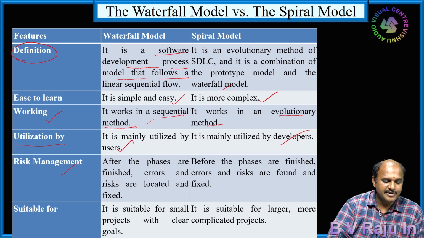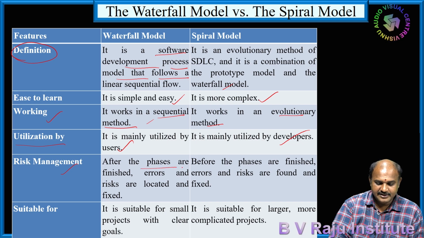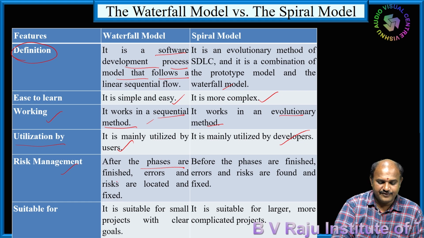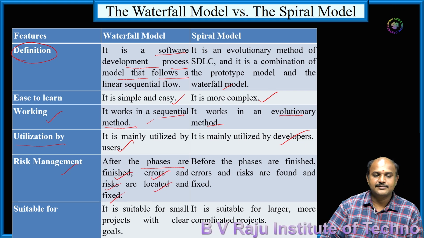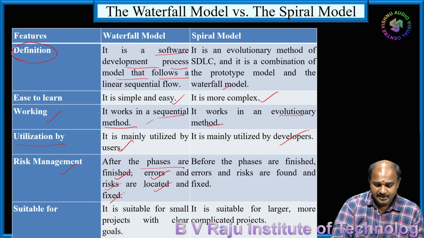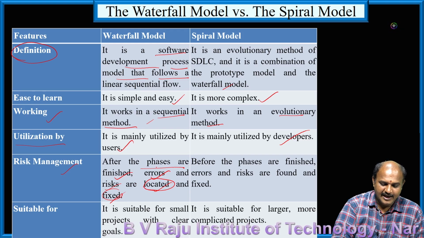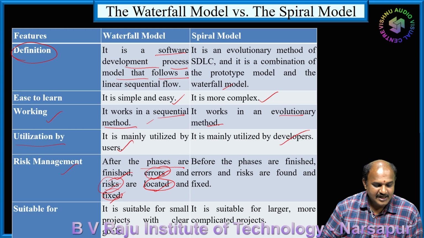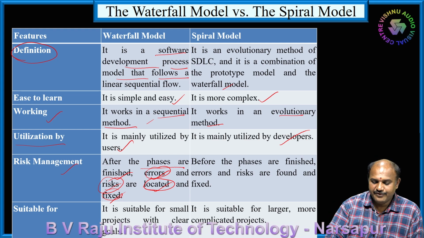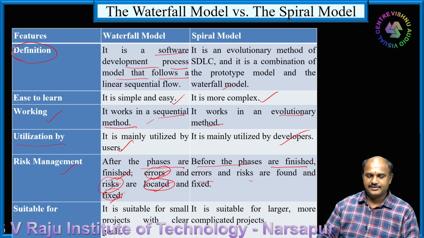The next feature is risk management. In waterfall, after the phases are finished, the risks are located and fixed. Errors and risks will all be fixed then. In the spiral model, before the phases are finished, errors and risks are found and fixed.